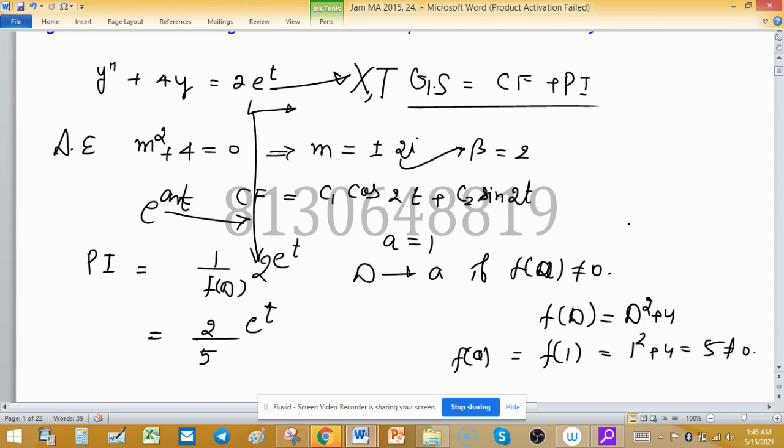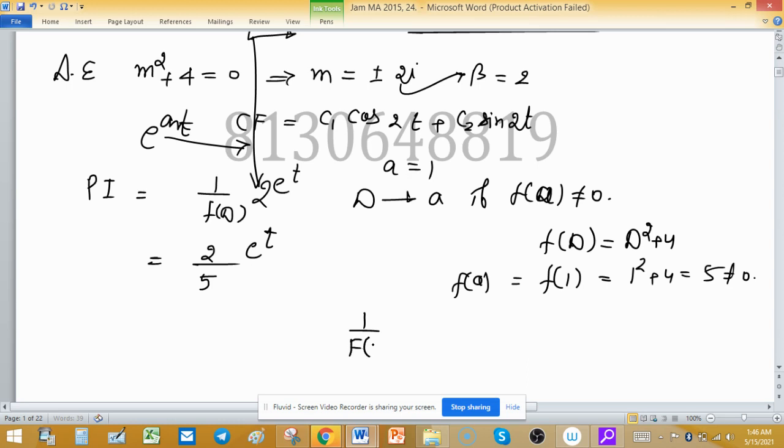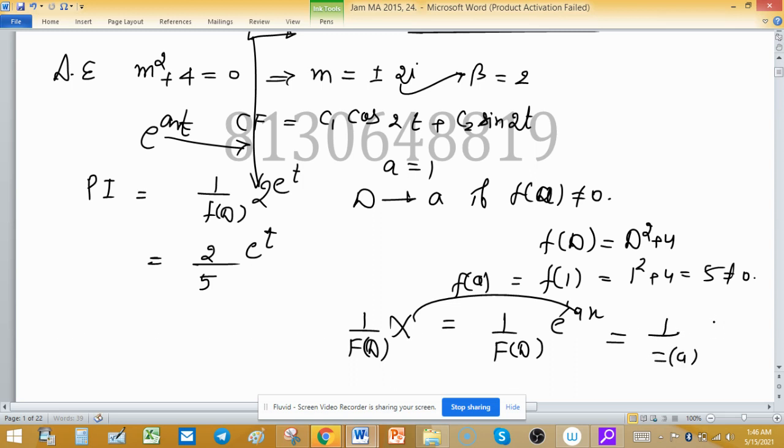So write 1 upon f(D), and if it is in terms of x, then this is equal to 1 upon f(D) times e raised to the power ax, because it is of the type ax, and you can write this as 1 upon f(a) times e raised to the power ax, where f(a) is not equal to 0. So this is the way to write a particular integral.